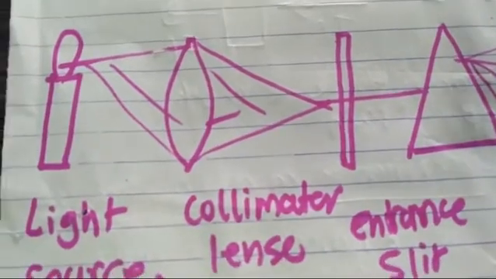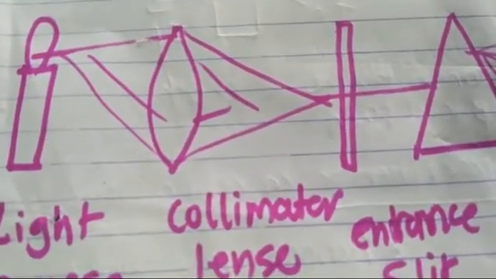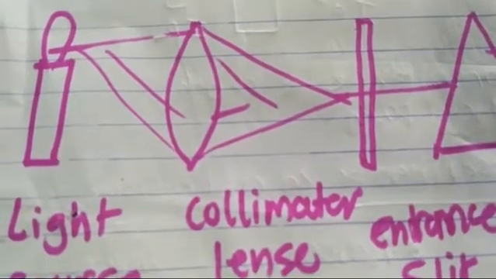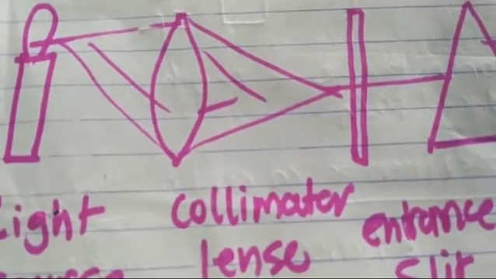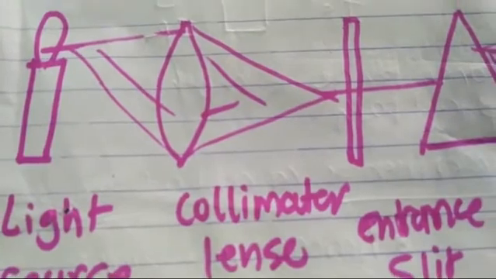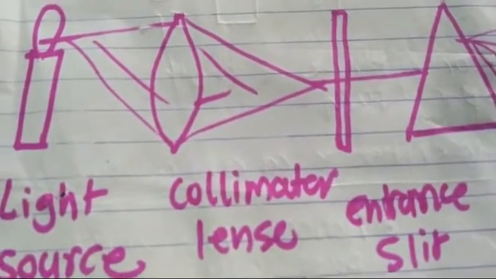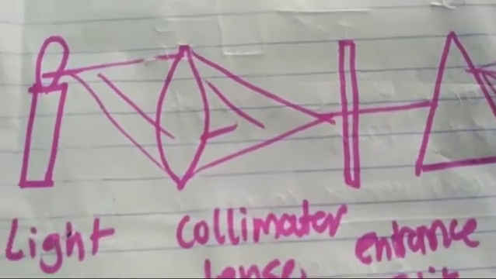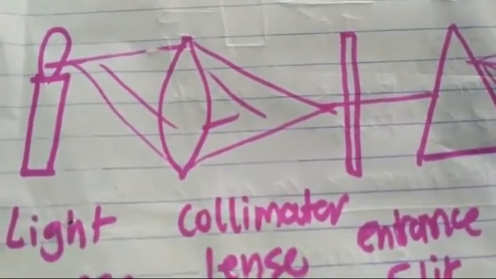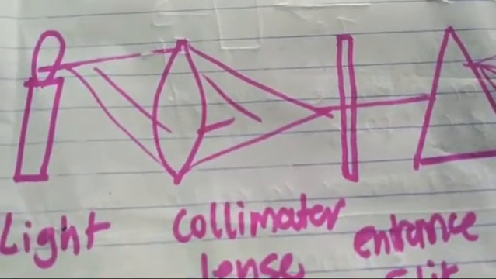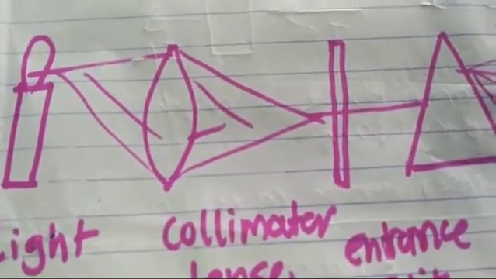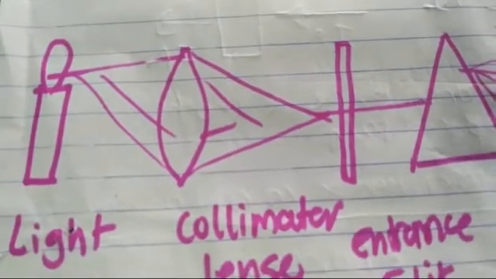And also hydrogen or deuterium lamp is used. An important feature of the tungsten lamp is the constant energy output, so we control the voltage. So here it is the light source.